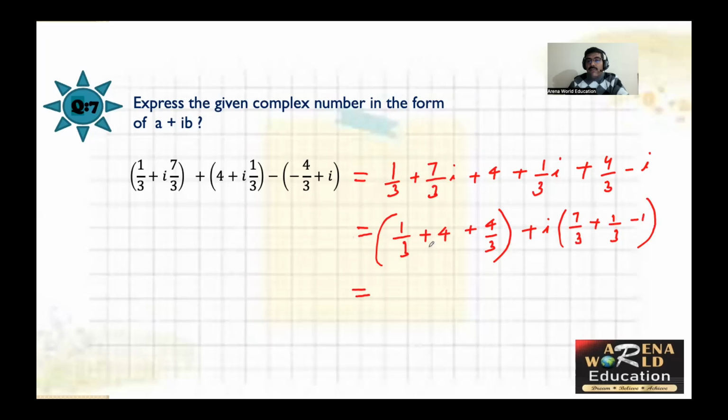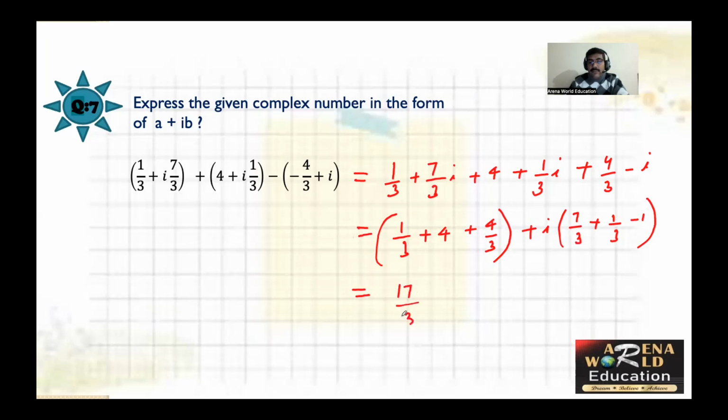So if we solve these three fractions, we will get what? 3 fours are, I'm directly writing, you are in class 11, so I think everybody knows how to take the LCM. So this will be 3 fours are 12, 12 plus 1 is 13, and 13 plus 4 is 17.